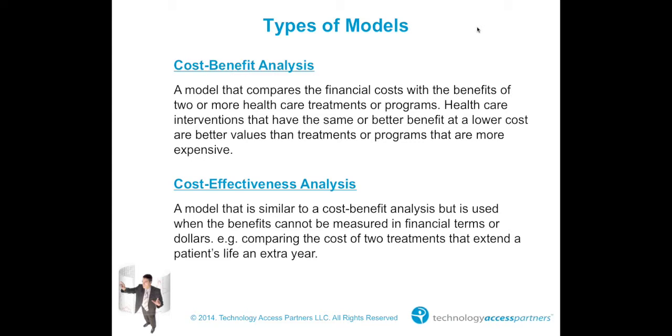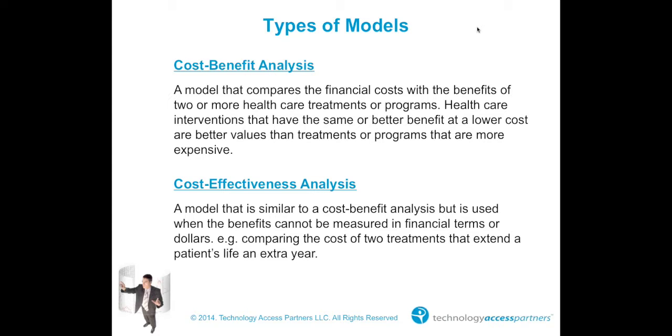So the concept is a CEA, cost-effectiveness analysis, is very close to CBA, but the benefit that's being measured is typically how long you're extending a person's life, a patient's life. This is very common when looking at pharmaceuticals.